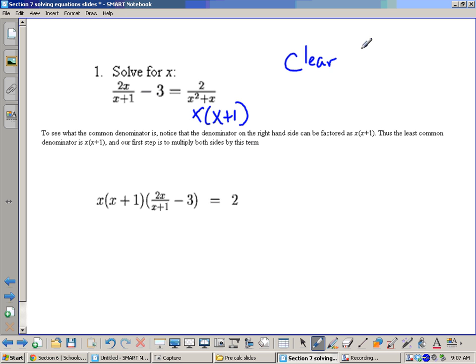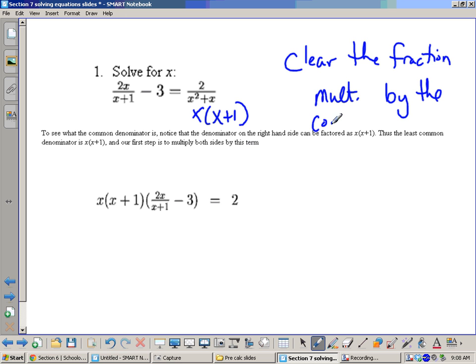So to clear the fraction, or clear the equation with a fraction, is just multiply by the common denominator. And what that will do is it will clear everything.